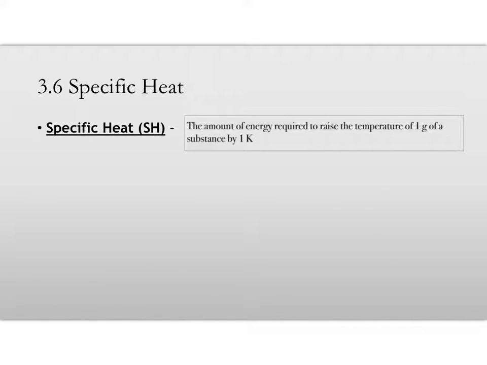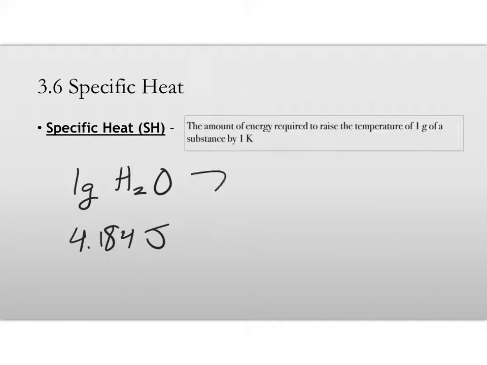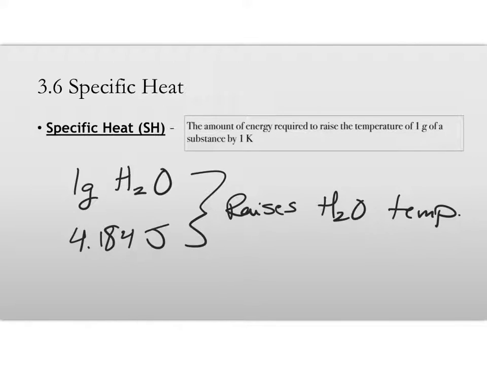So for example, if we had 1 gram of water, it would take 4.184 joules of energy in order to raise the temperature by 1 degree Celsius or 1 Kelvin. So, raises H2O temperature by 1 degree Celsius or 1 Kelvin.